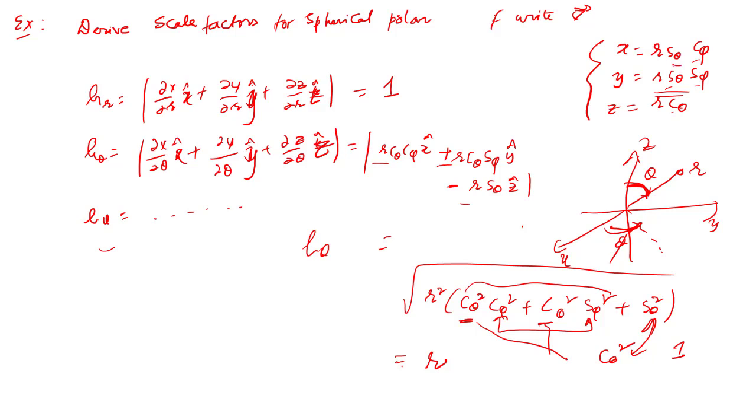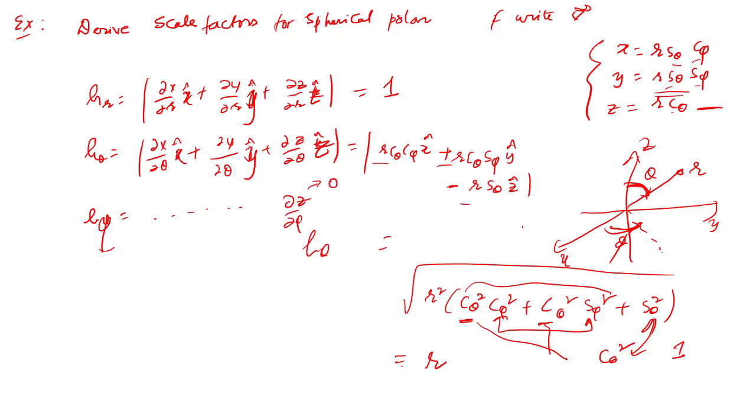Now, similarly, you can look at h phi. You see that the z-axis doesn't have any phi term. So essentially you would get a very similar answer, except there won't be any phi term left along z, because ∂z/∂phi here is 0.